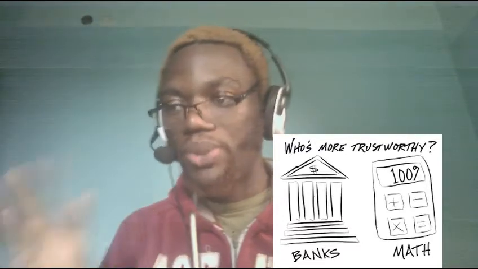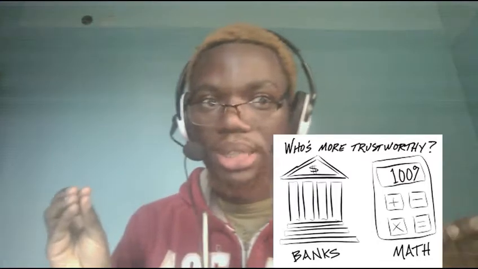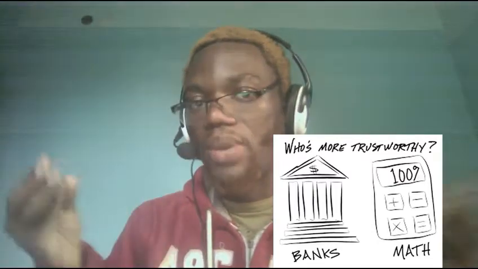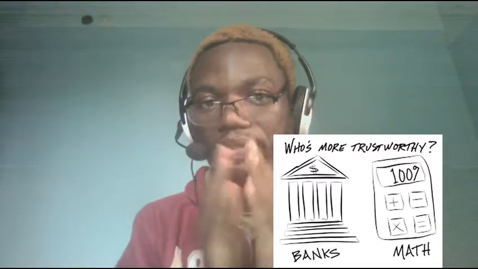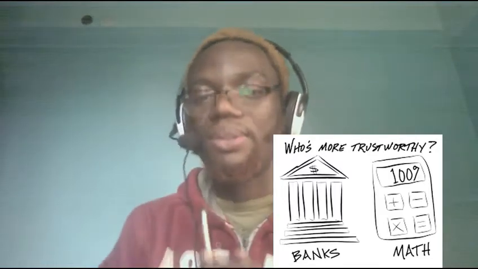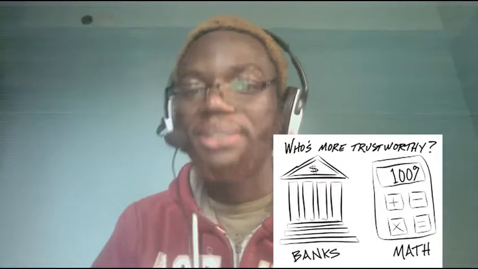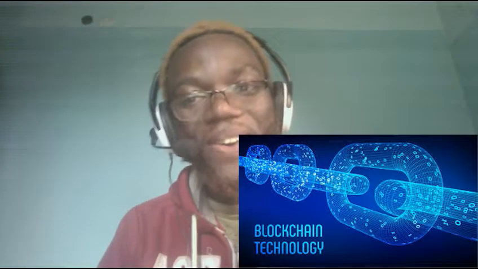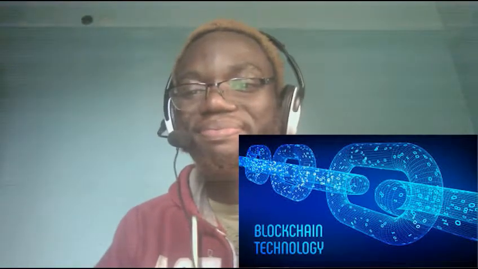So one transaction made, another transaction made, another transaction, they were bundled up together and formed a block. This block was then placed on a chain which couldn't be altered.